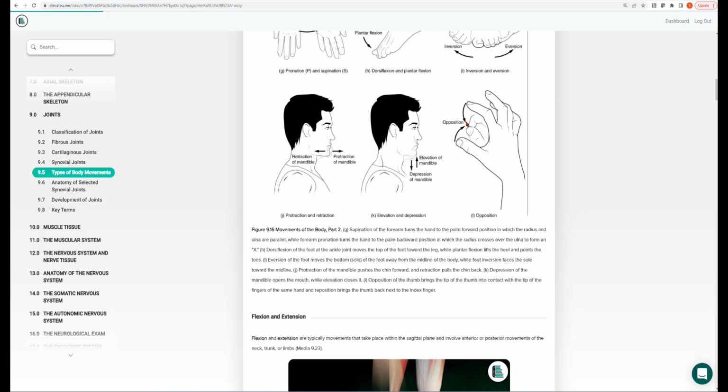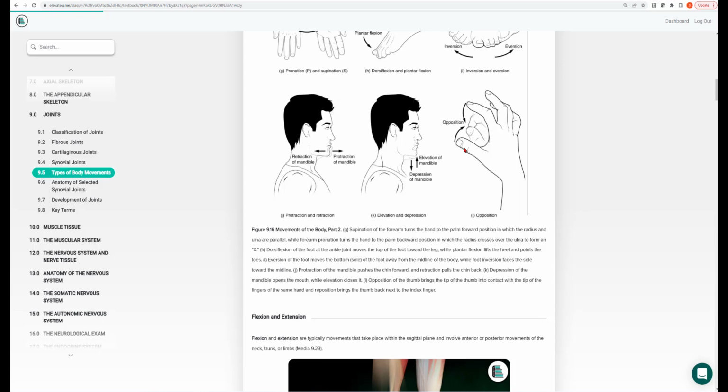And then finally we have opposition. The opposite of opposition is reposition. As humans, we have an opposable thumb. So opposition is simply bringing your thumb to your palm, being able to bend your thumb over your palm. That's opposition.